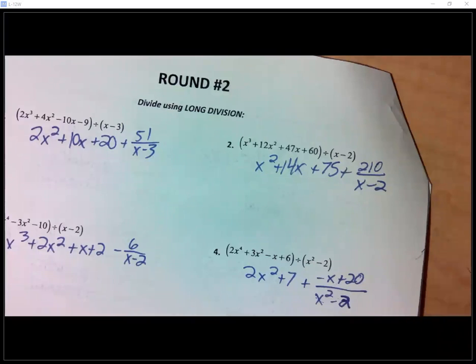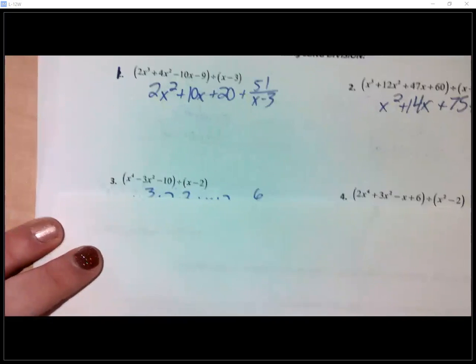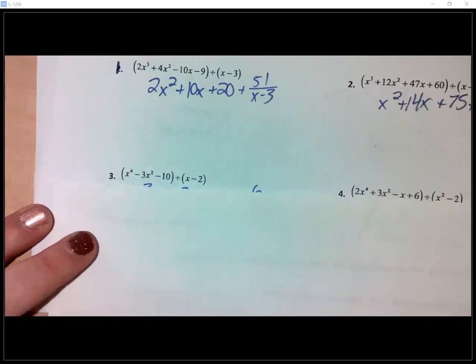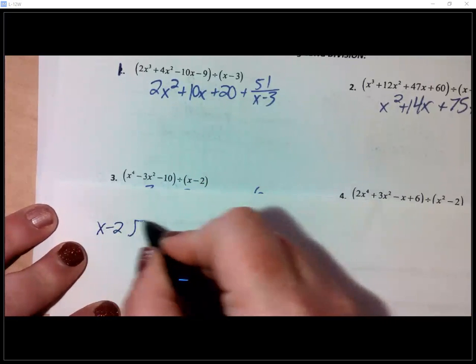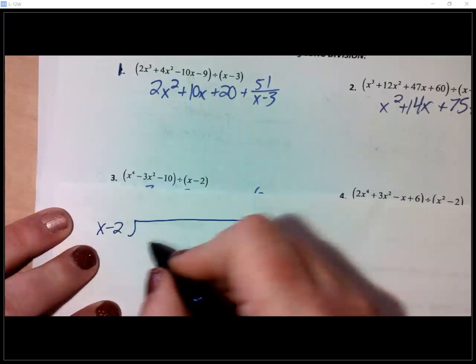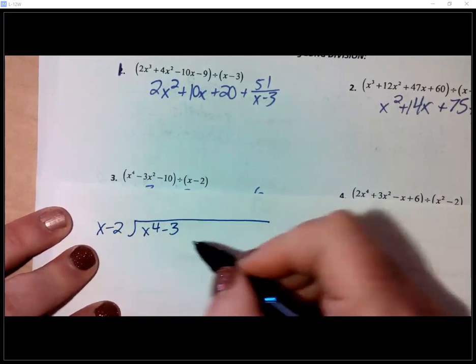Okay, so on 3, if you're going to do this with long division, remember that no matter what, I need 0 placeholders if any degrees are missing. So on the outside, I'm going to have my x minus 2. But then on the inside, I have x to the 4th minus 3. Oh, wait, no, I don't have an x to the 3rd term, right?